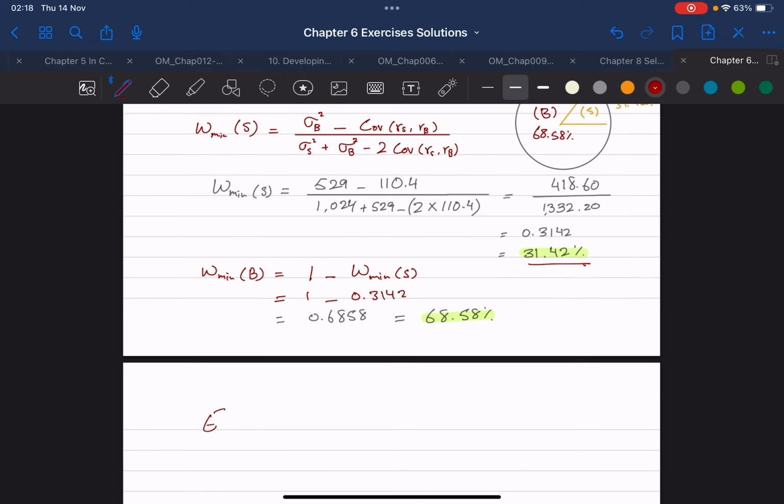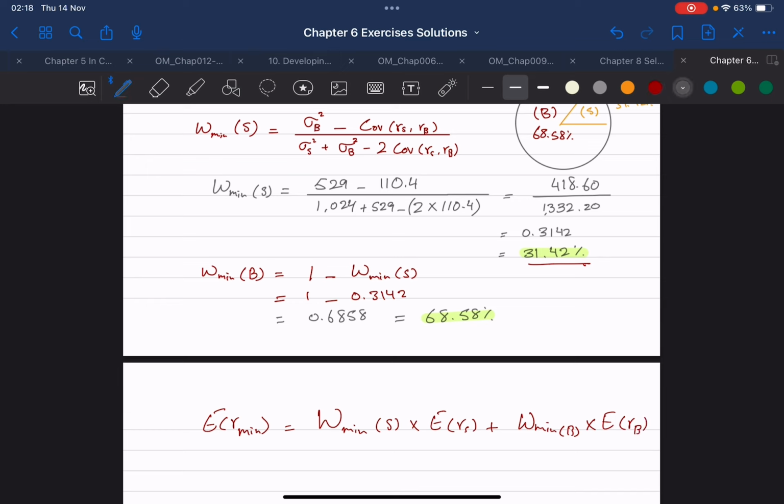We're going to say the expected return on the minimum variance portfolio is going to equal the weight of the stock fund multiplied by the expected return on the stock, plus the weight on the bond fund multiplied by the expected return on the bond fund.